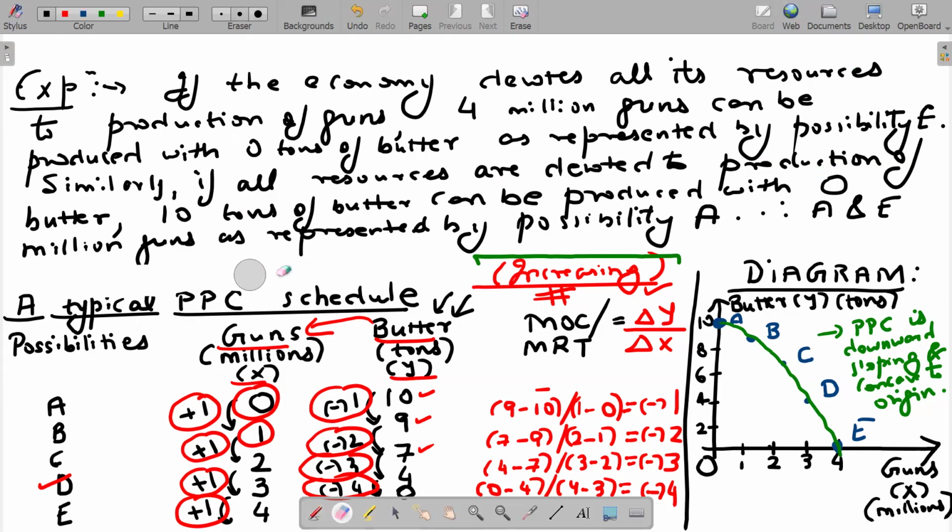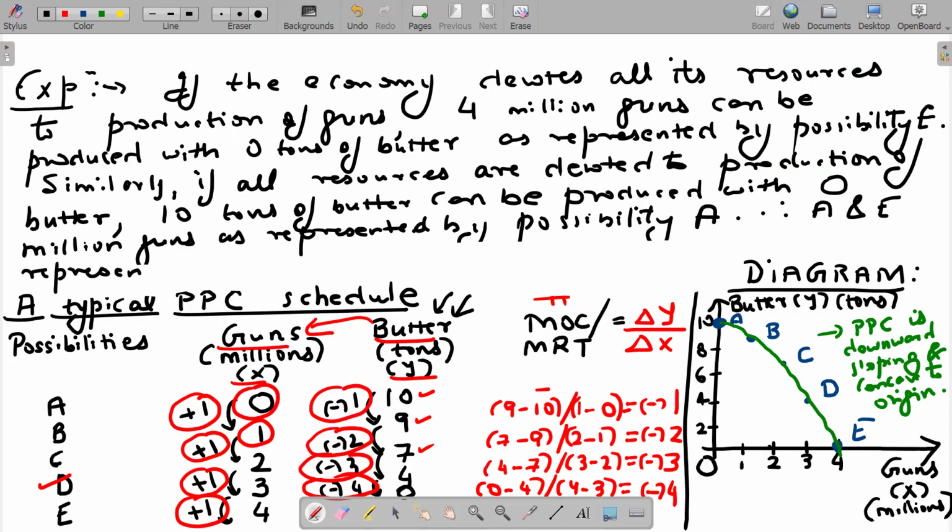I can erase this off and write this clearly: A and E represent extreme possibilities.